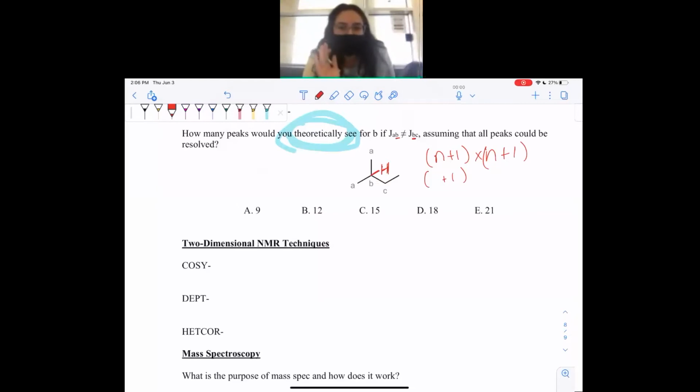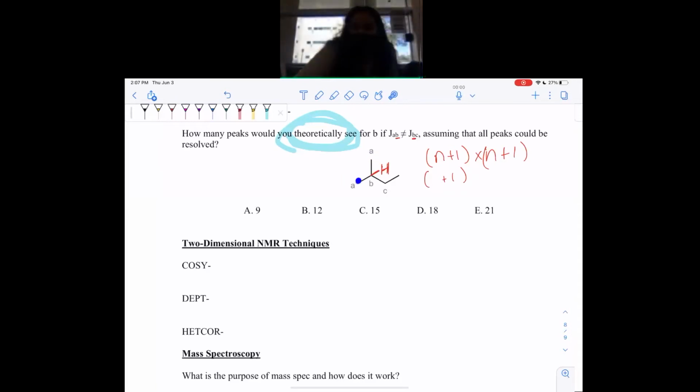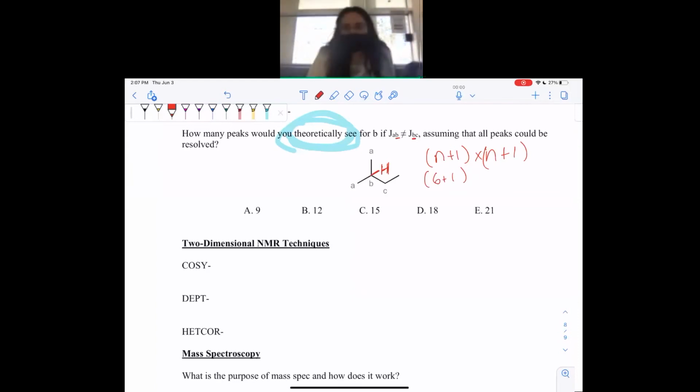What's that magic word that I'm whispering in the back of your mind? Symmetry. Yes. So we have internal symmetry right here, so both of these are going to be one signal. So on the left side, we have 6 neighbors. Someone asked which one we're looking at. That's my bad, I meant, how many neighbors does it have on side A? So I meant these two.